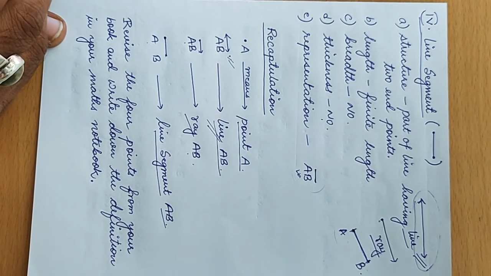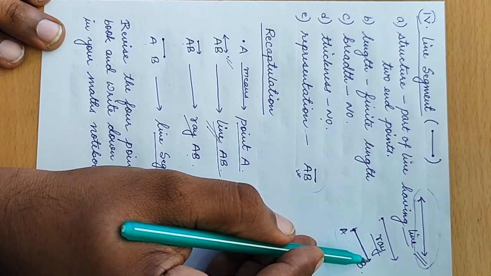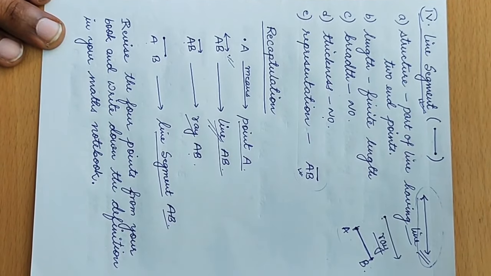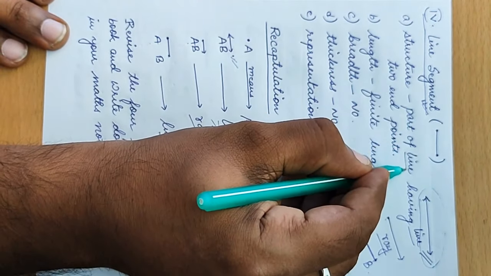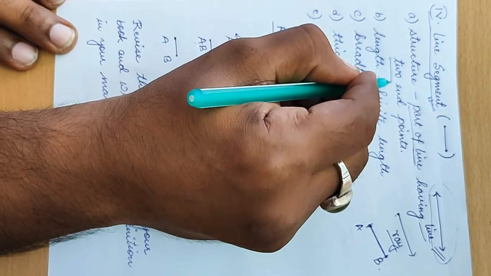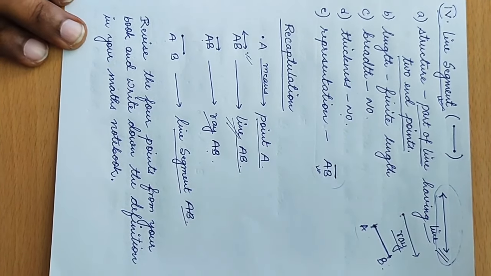Similarly, if we take out both the endpoints, like this, then it will become a line segment. So a line segment again is a part of a line. It is a part of a line only, having two endpoints. How many endpoints? Two endpoints.